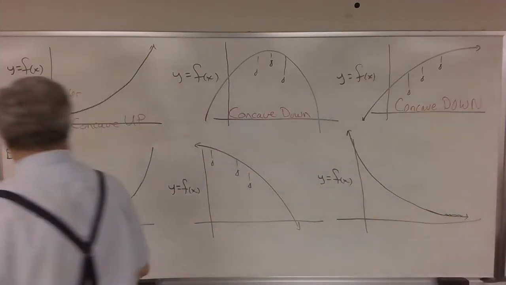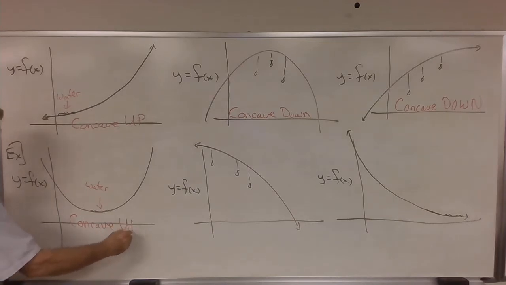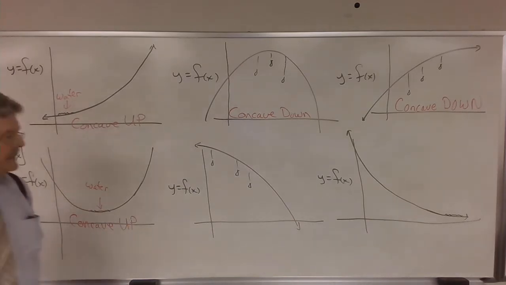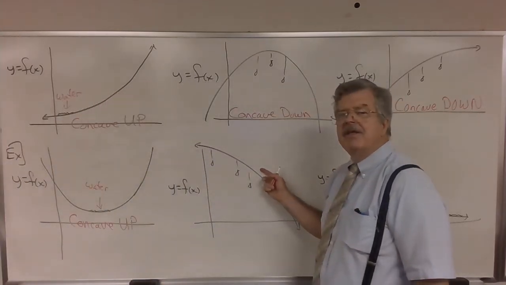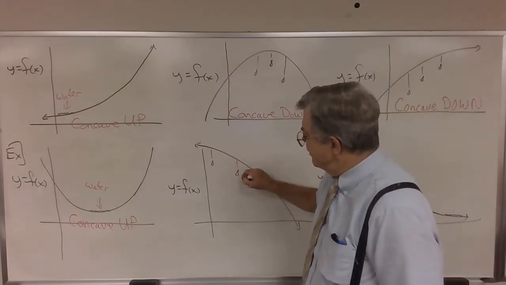And over here, because of the curvature of this graph, the water collects right here at the bottom. So this graph definitely holds water, and it is concave up. This graph, well, we know what's going to happen. The water's not going to collect here. The water's going to fall right off the top.